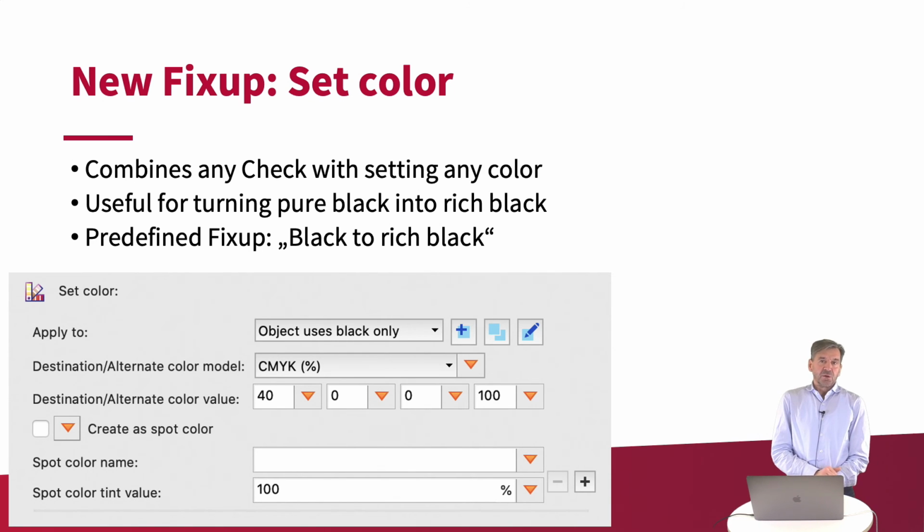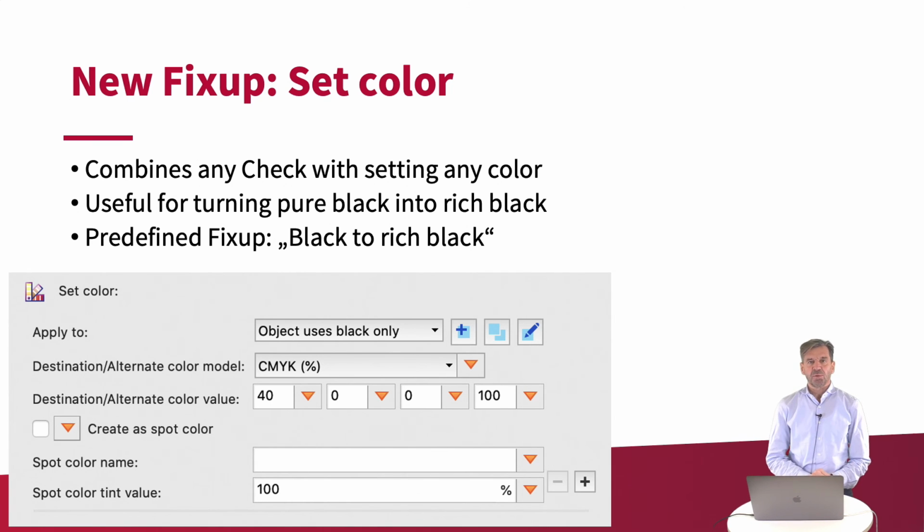So, and then you can use this new Fixup setColor in order to convert black to rich black. So if you set up a check that would find all black objects in a PDF file and then just give these objects a new color, as in this example, 40% cyan and 100% black, then you would end up with all black objects in your PDF file being converted to rich black.